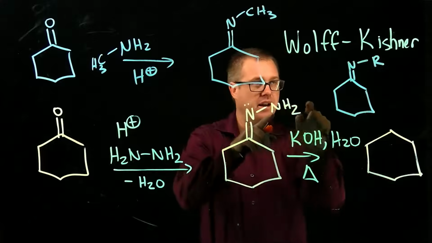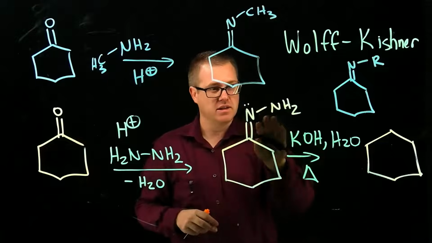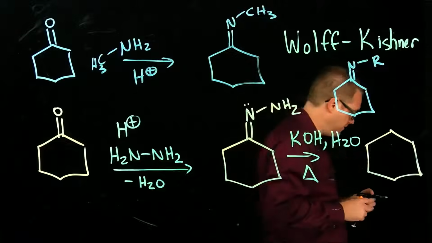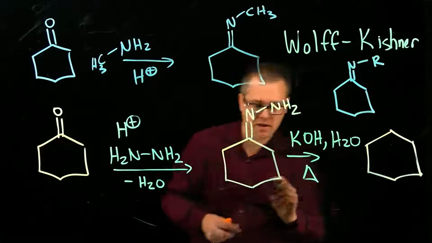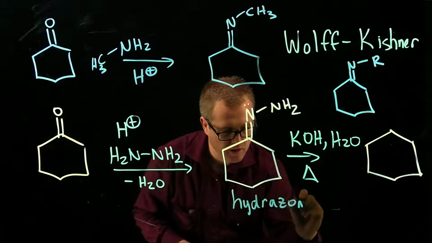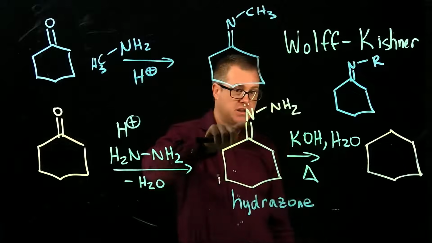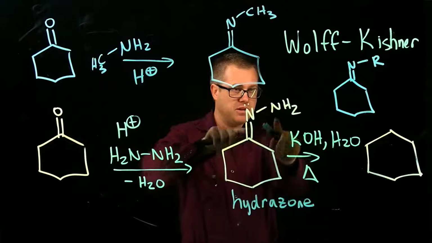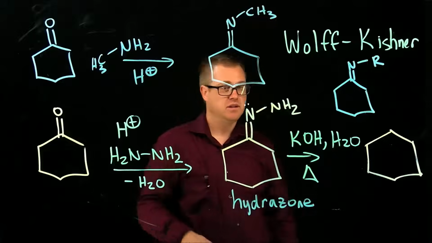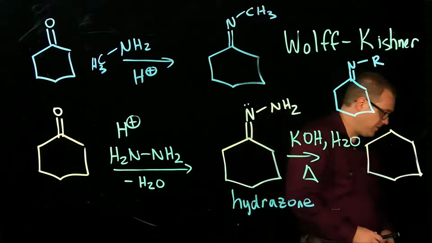But you see here, it is a nitrogen species. So this functional group is actually called a hydrazone. Let's see if I spell this right. Hydrazone. So when you have a nitrogen double bonded to a carbon, and directly attached to it is another nitrogen, it is a hydrazone. Okay.